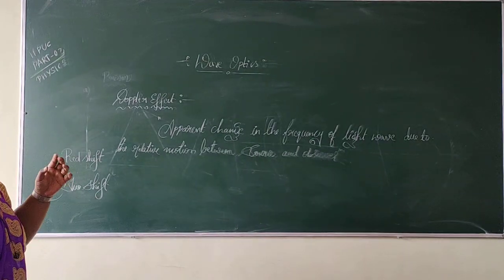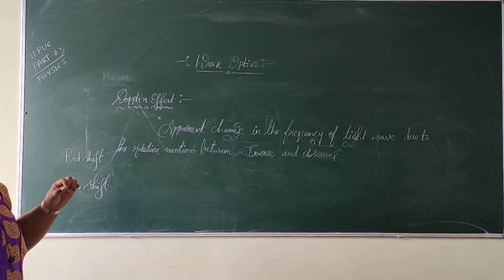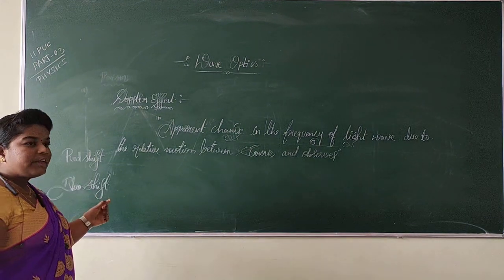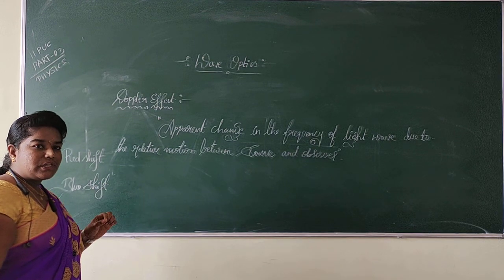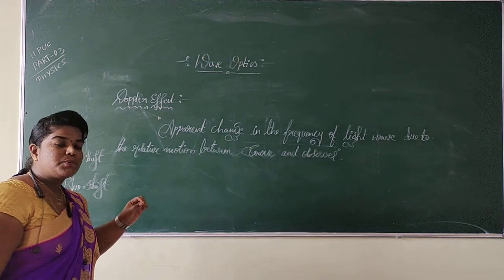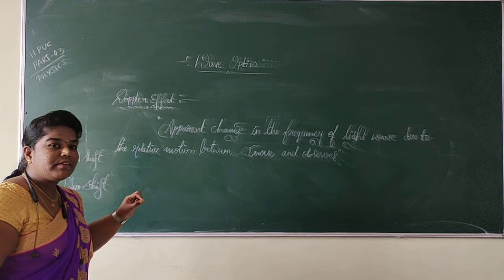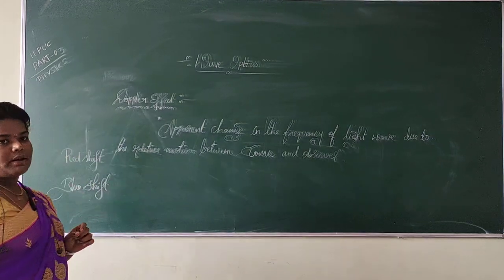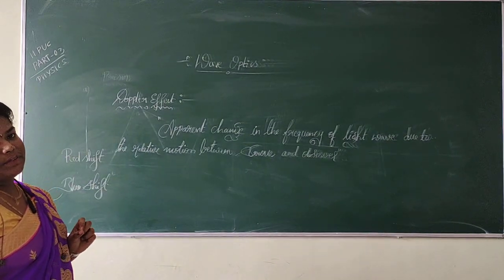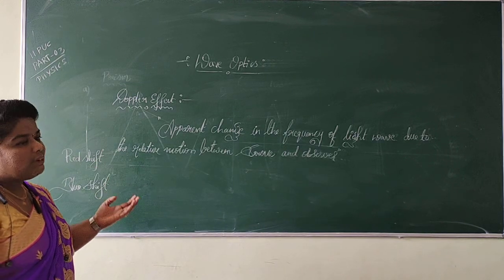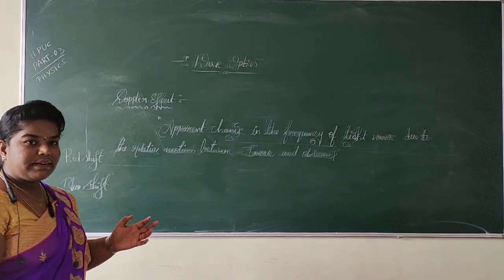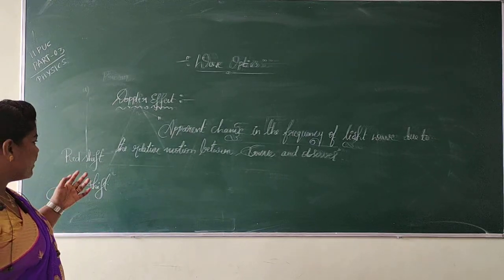what happens? The light wavelength shifts from the shorter wavelength region to the greater wavelength region. Which color is having a greater wavelength? So red color is the one which is having greater wavelength. So the ray of light shifts from the shorter wavelength to the larger wavelength, toward red color.